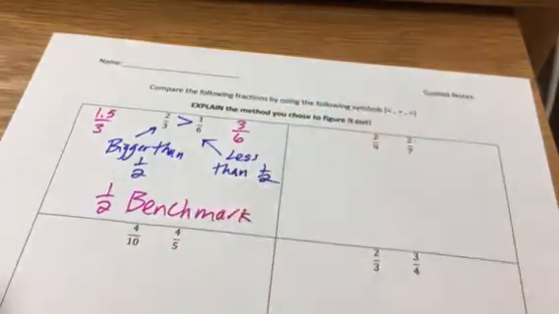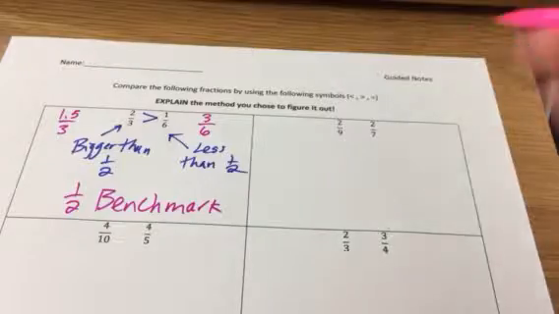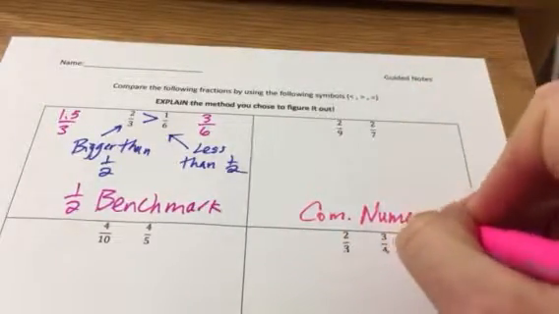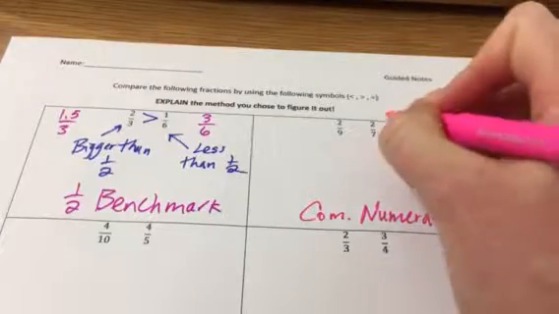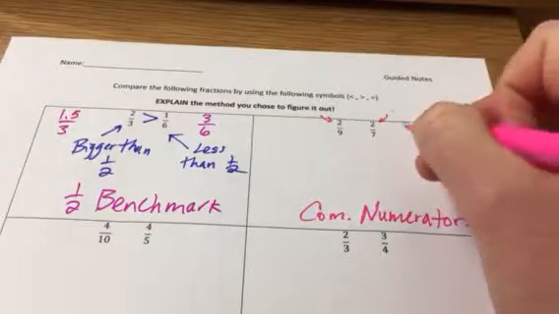I love that method. Okay, 2/9 versus 2/7. I'm noticing that I have common numerators. So I have 2 pieces and 2 pieces. Let's compare the sizes of the pieces.